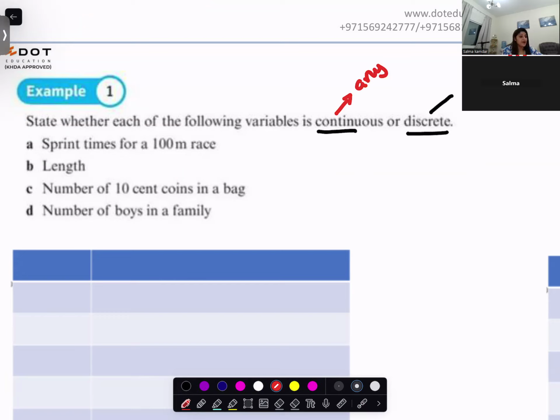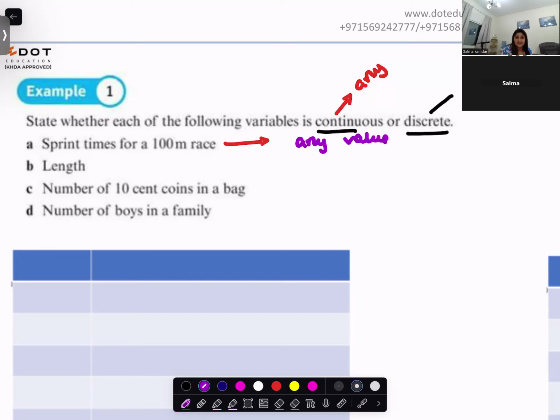Sprint times for 100-meter race. Okay, so if you're talking about sprint time for 100-meter race, then there is length you have. So time can take any value. When I'm talking about sprint time for 100-meter race, this can take any value which can be determined by the measuring device.